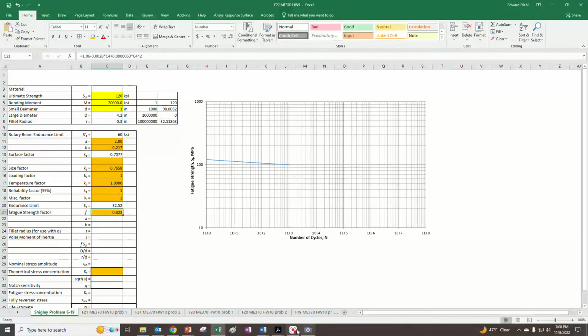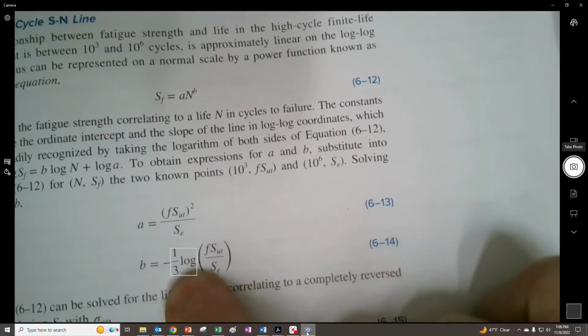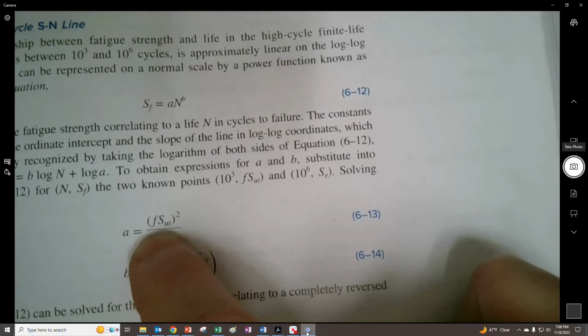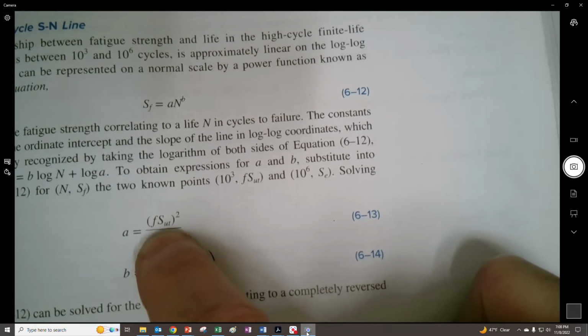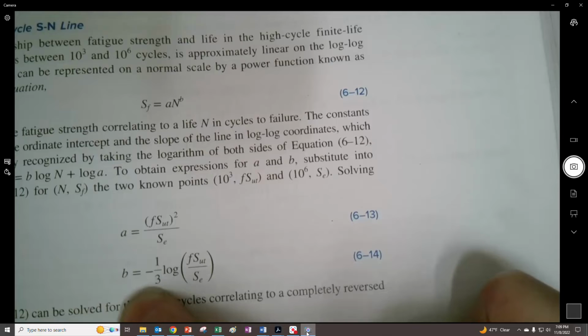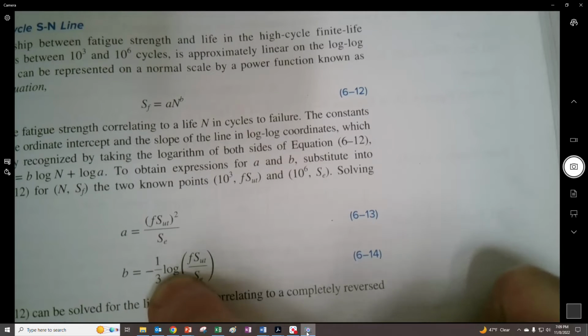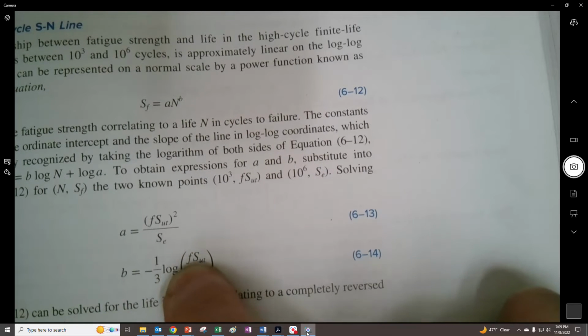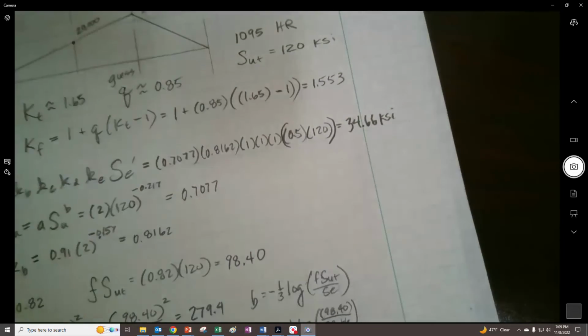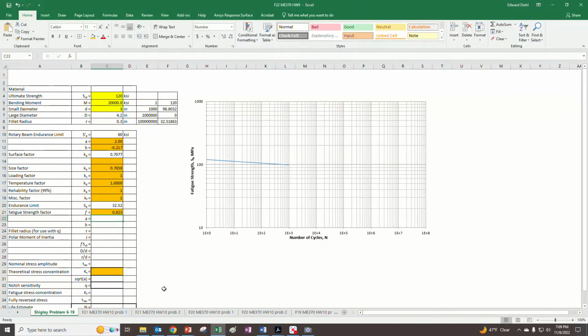So anyway, now we've got this. Now we can enter in what our A and our B are going to be. Those are equations from right here, right? That A and that B. A is f times the ultimate strength squared divided by Se, and B is minus 1/3 log base 10 of f Sut divided by Se. So put them into place.